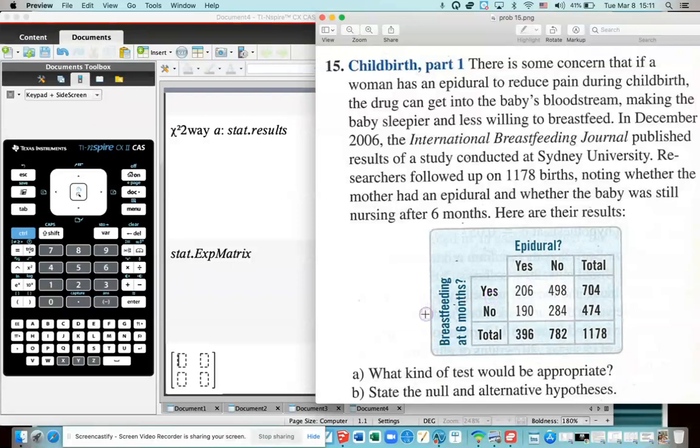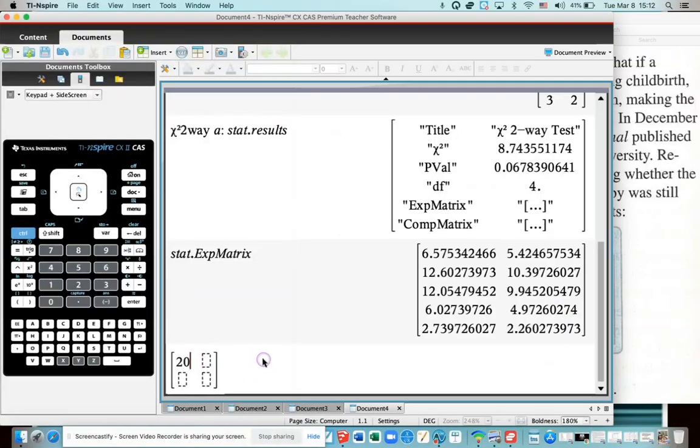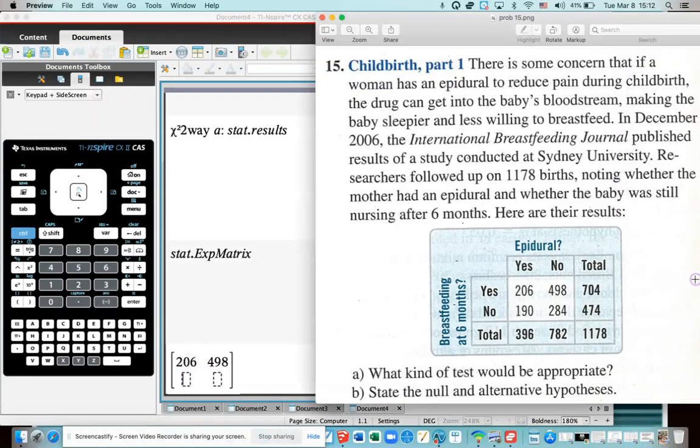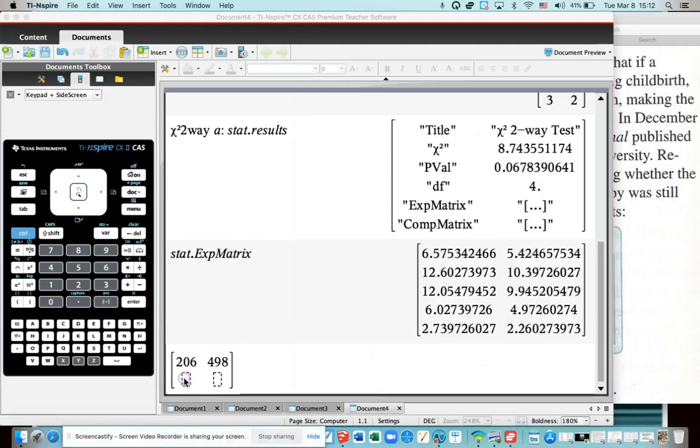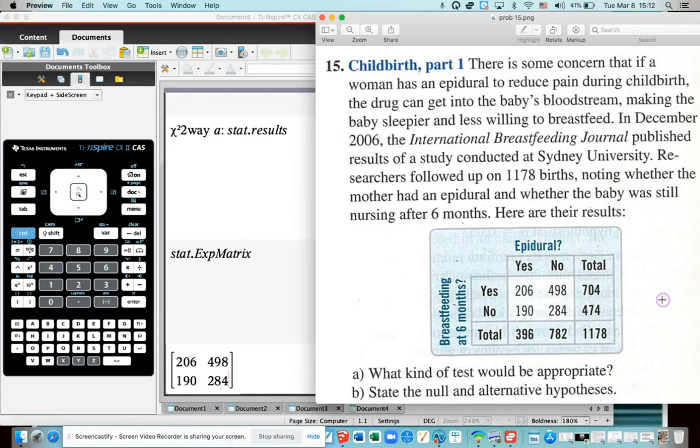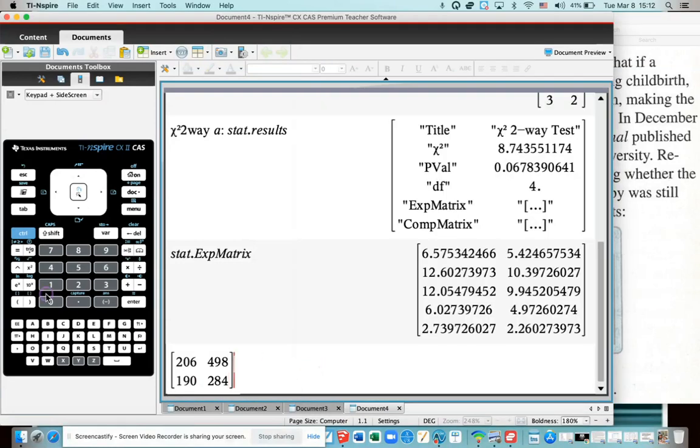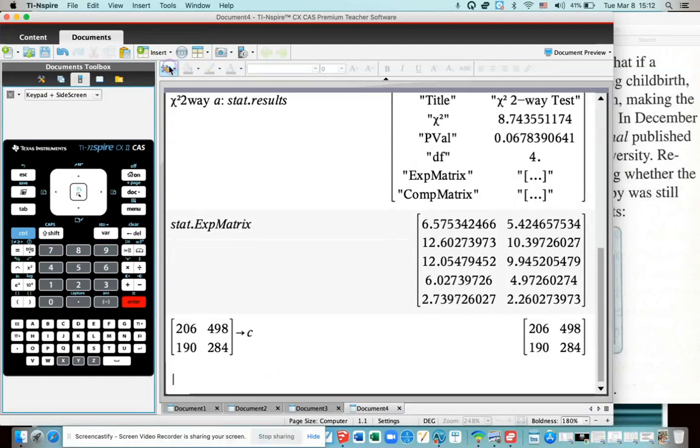Let's put in the numbers. 206, 498, 190, 284. 284, yes. And I need to store that. Control store. I'm just going to name it C or something. Okay, you can name it whatever you want.